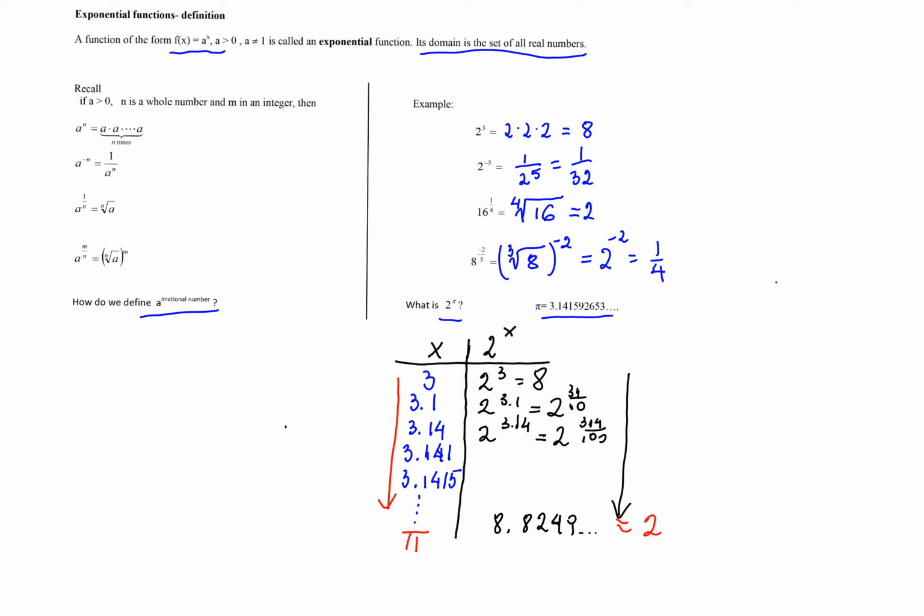So in that way, we can define 2 to any irrational number, because again, it can be shown that any irrational number is a limiting value of similar sequences of rational numbers like the ones we have in the table.